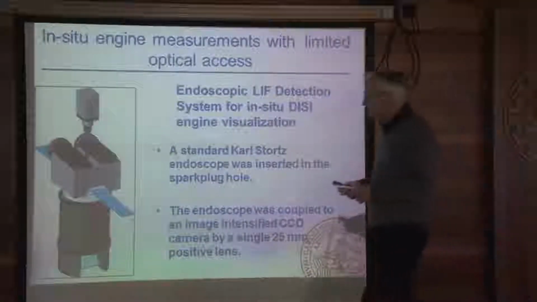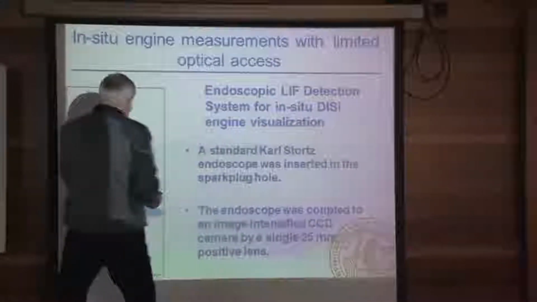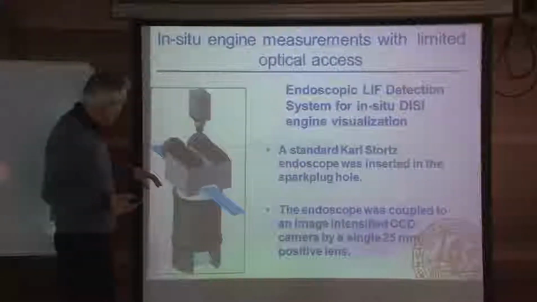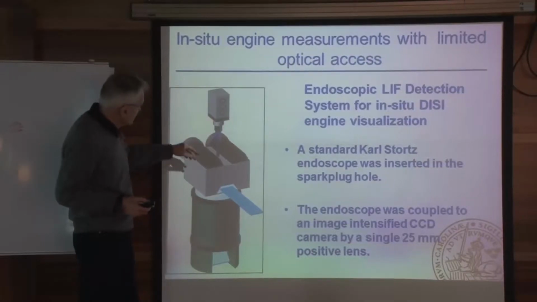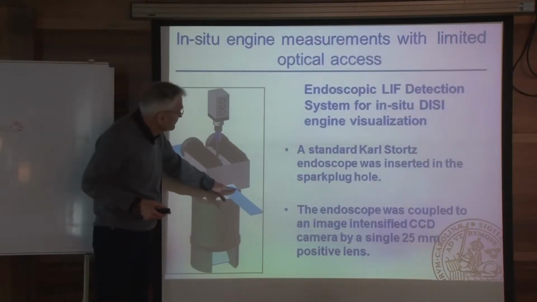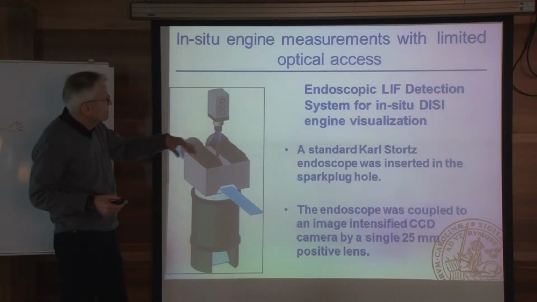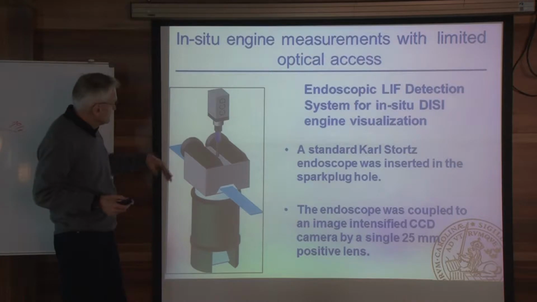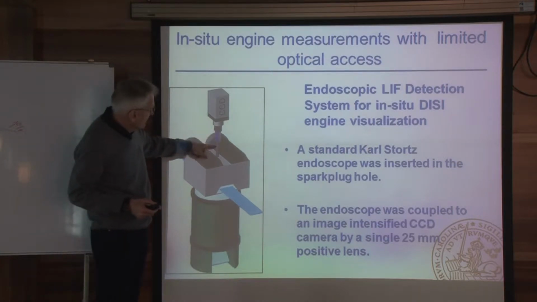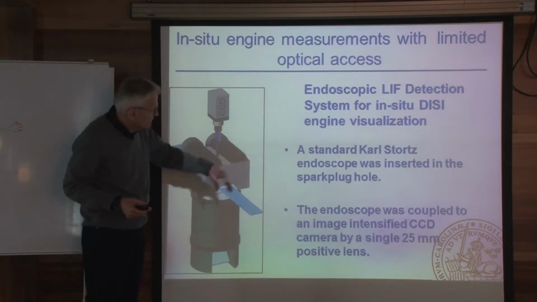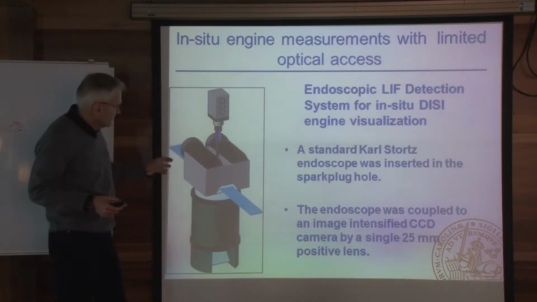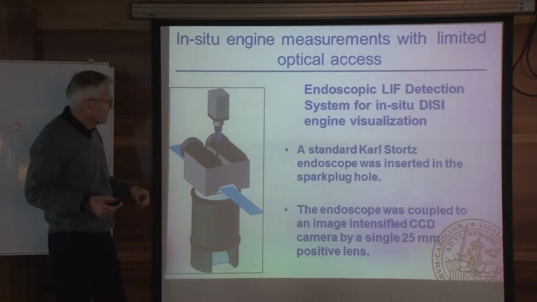Then another experiment was done, and in this case we didn't have easy optical access, but instead we had the laser going through. This was in a direct injection spark ignition engine. So here we used a more or less standard endoscope that was introduced into the spark plug to see how the fuel was distributed.